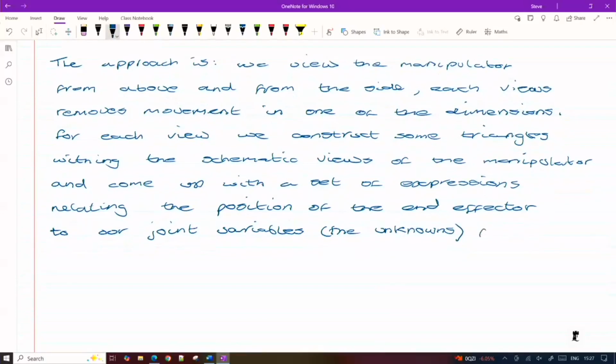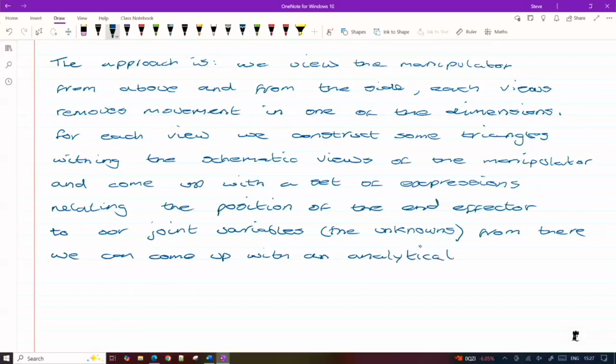And from that, we can come up with an analytical solution for theta 1, theta 2, and so on, or if we have prismatic joints d1, d2, and so on.